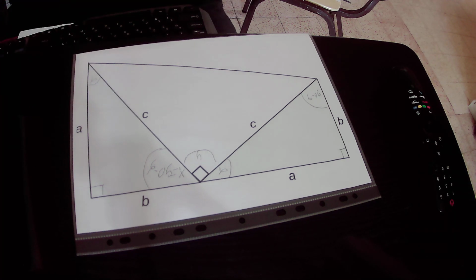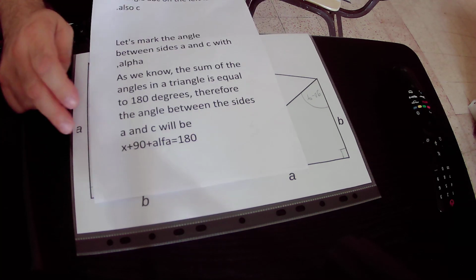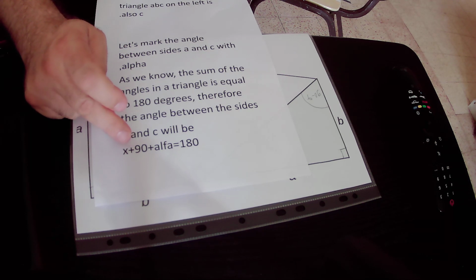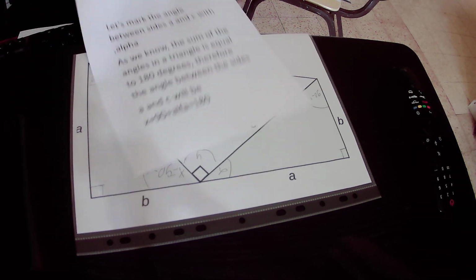Okay? As you can see here, x plus 90 plus alpha equals 180 degrees.